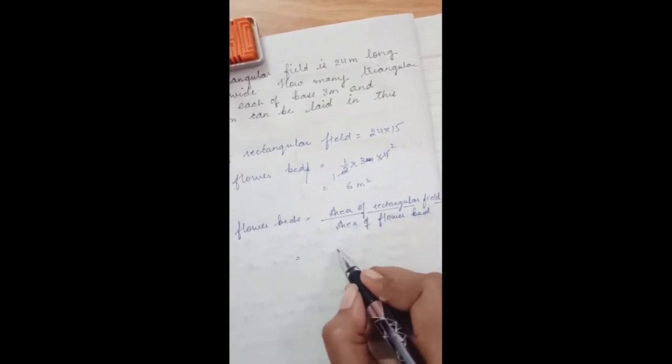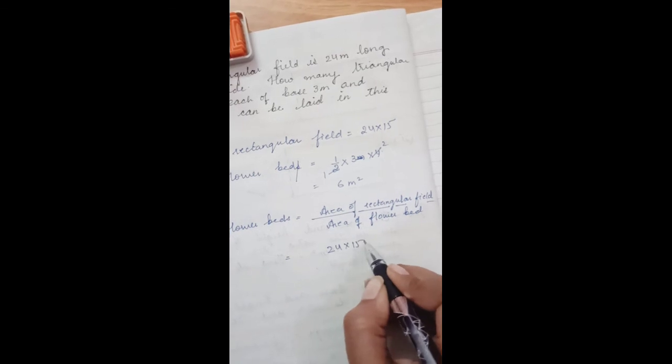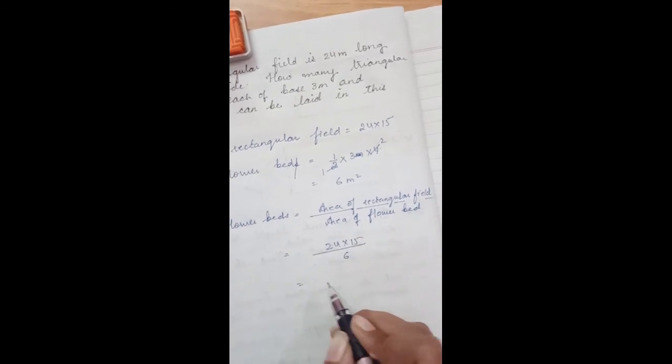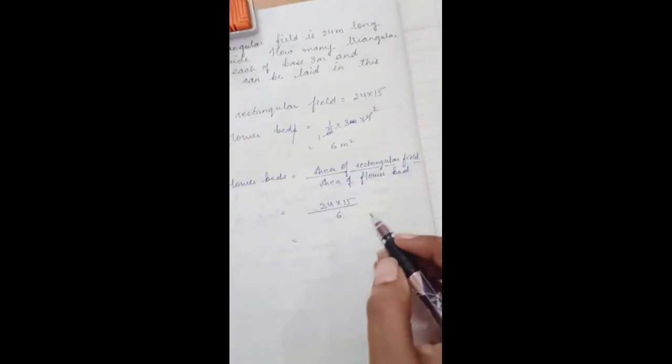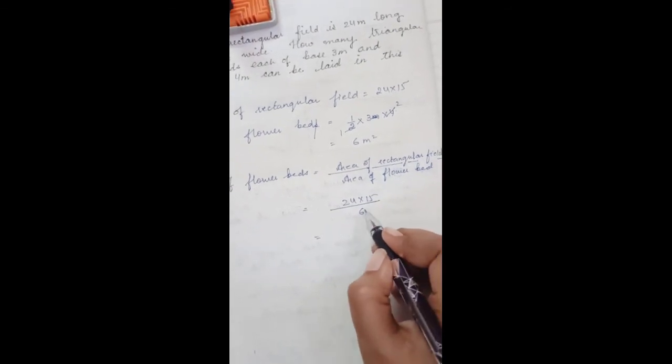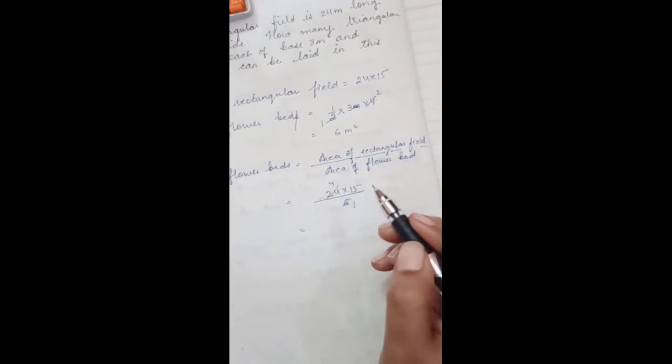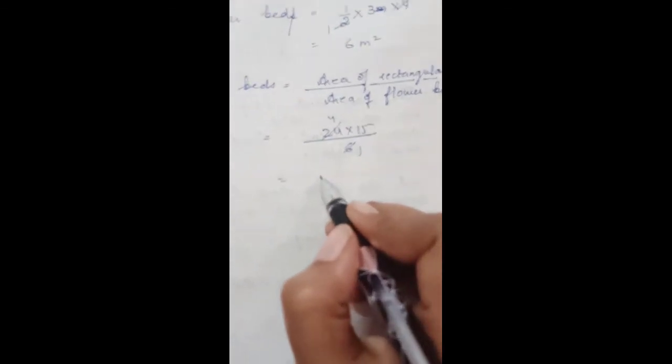So area of rectangular field is 24 into 15 and area of flower bed is 6. 6 1 times, 6 4 times. So here we get 60.